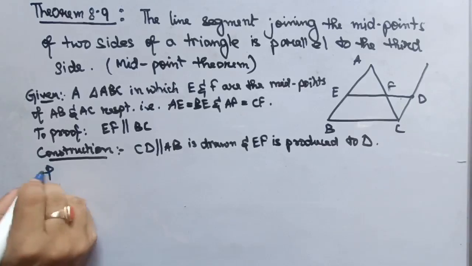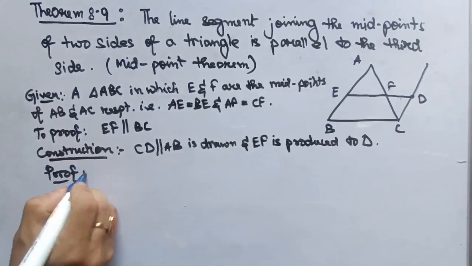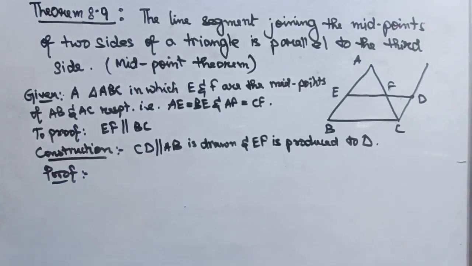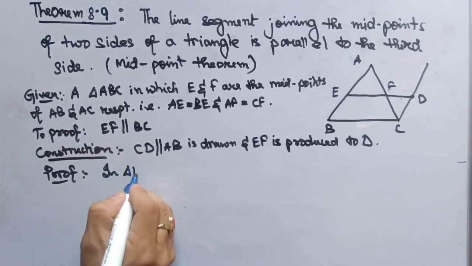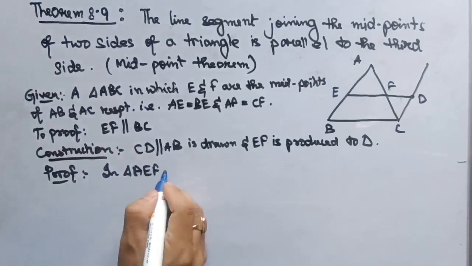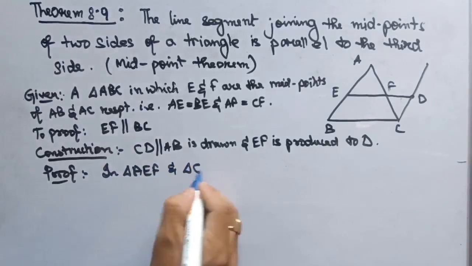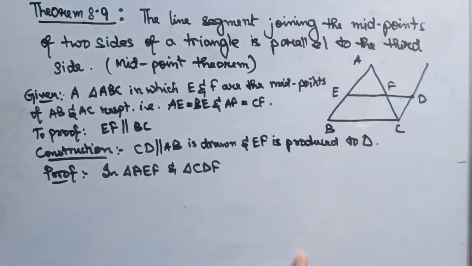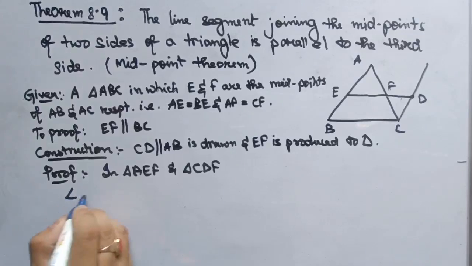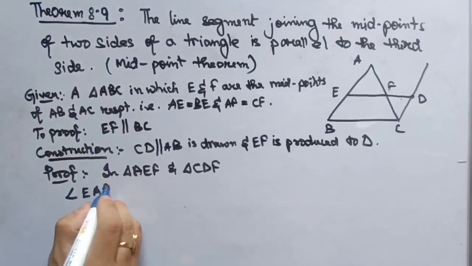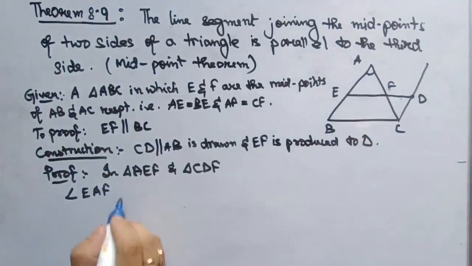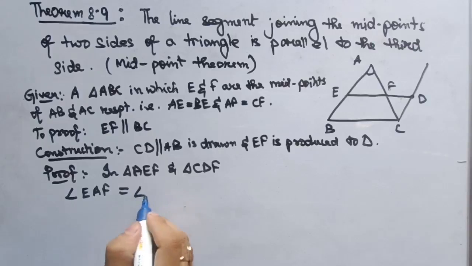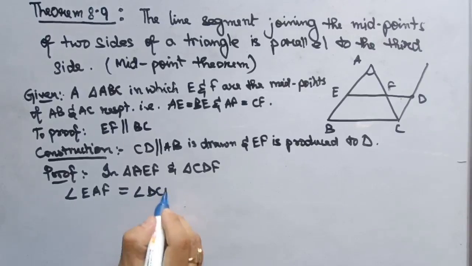Now let us prove this theorem. Proof. Let us consider two triangles, that is triangle AEF and triangle CDF. In these two triangles, you can see that angle EAF is equal to angle DCF.